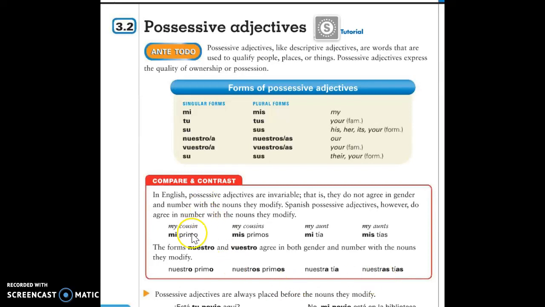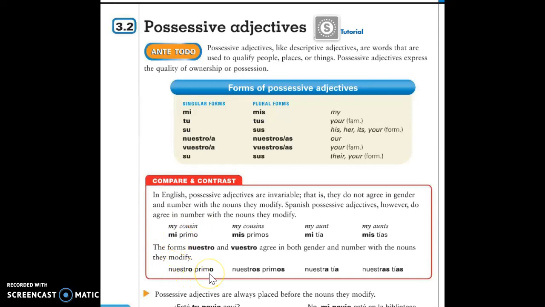It's going to be the noun that it's modifying. So my cousin. So mi would be determined by the singular noun form of primo. So if I am a female and I'm talking about my male cousin, it's still going to be mi.